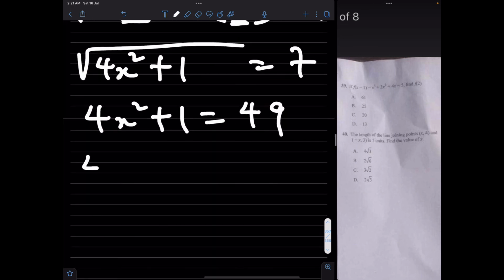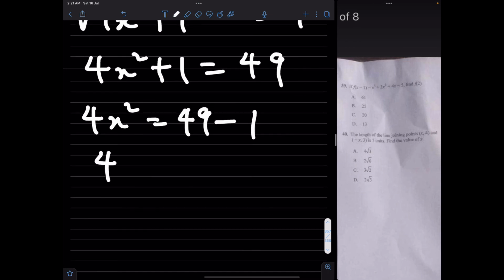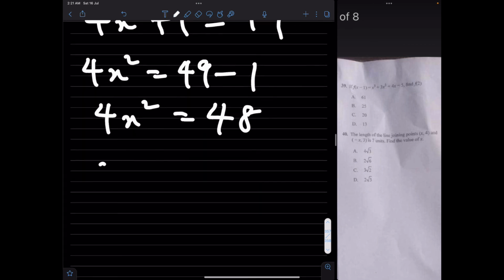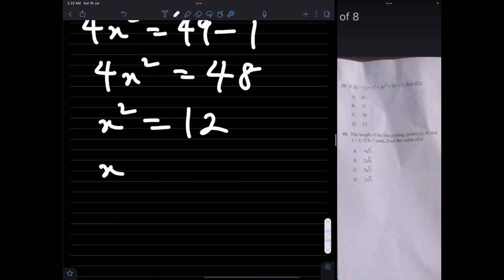That means 4x squared equals 49 minus 1, which is 48. Dividing both sides by 4, x squared equals 12.